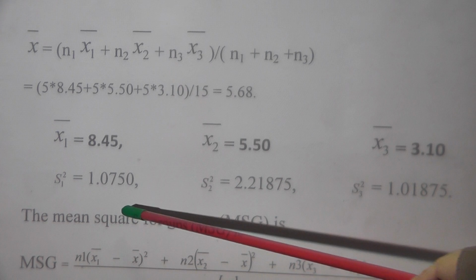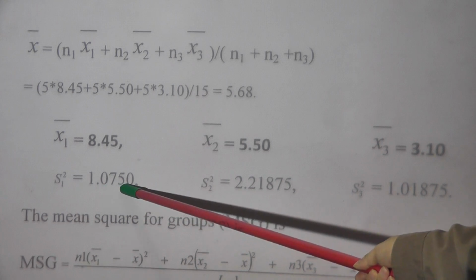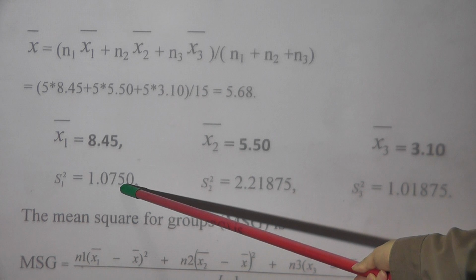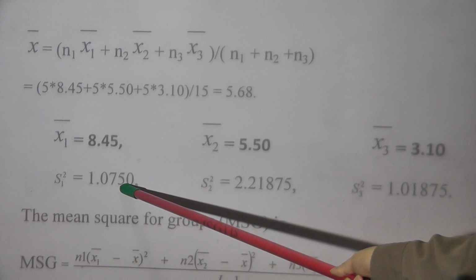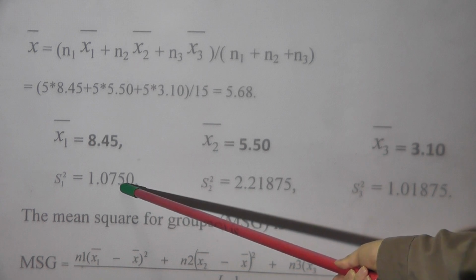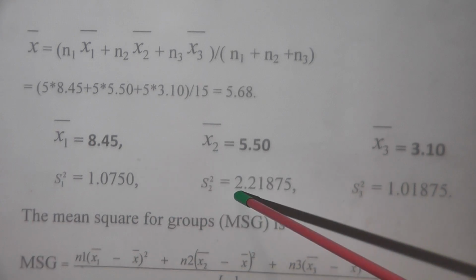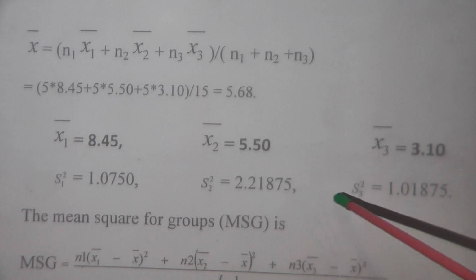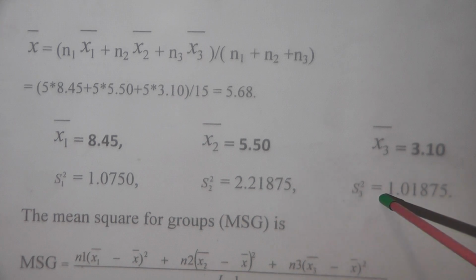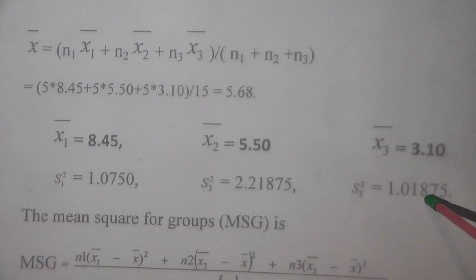Now for the first group of couples, we find the sample variance is 1.075, the second group is 2.2, and for the third group, the sample variance is about 1.018, okay?